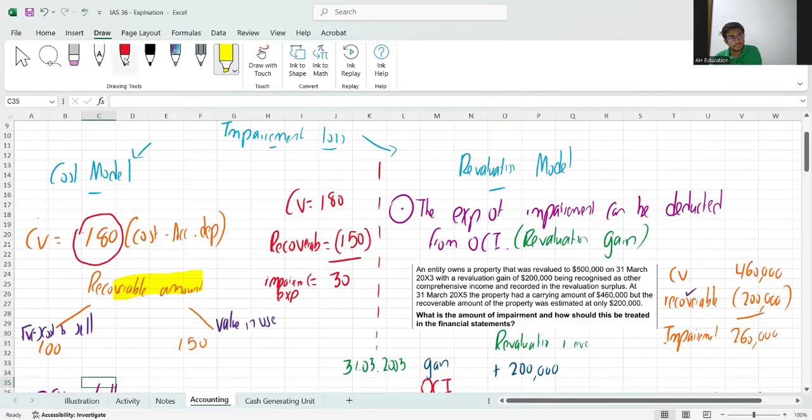So recoverable amount can be computed as the highest among fair value minus cost to sell and your value in use. You need to take out of these two components the highest one. Based on the given figure, out of 100 and 150, 150 is the highest. So my recoverable amount is 150.